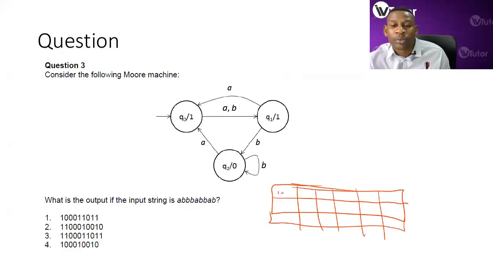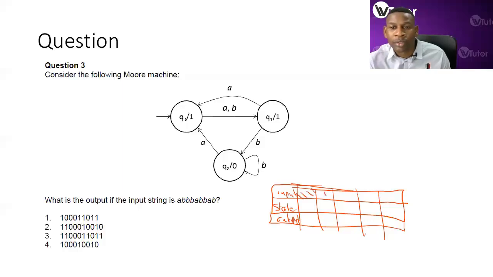So we said we've got input, state, output. So we've got this shaded out.